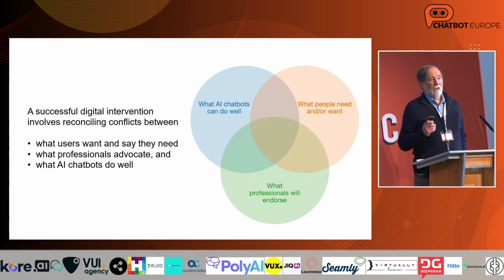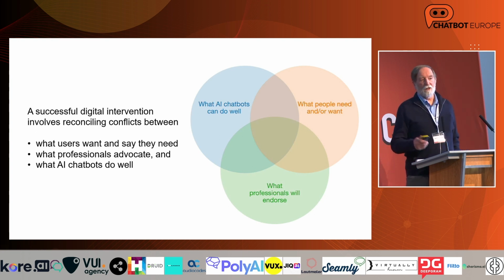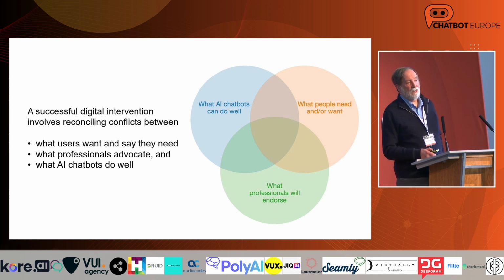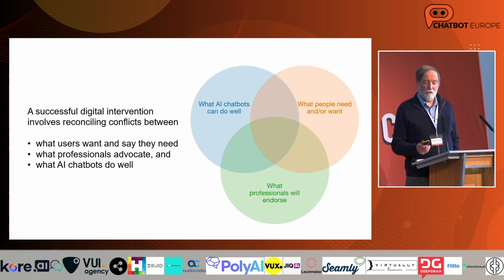So the main idea behind this, and I think that somebody mentioned this before, is that when you're wanting to design and develop a chatbot, you have to take into consideration three different things. First of all, what your users want and feel they need.